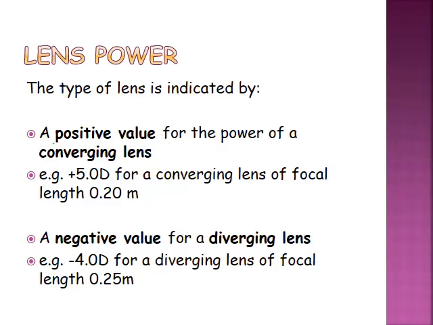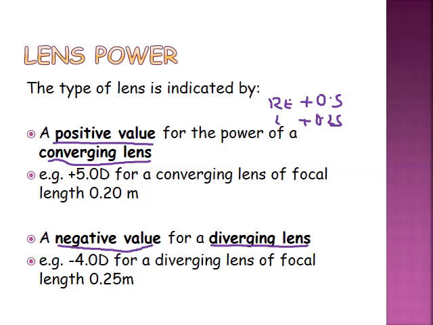And what we get is a positive value for the power of a convergent lens, and a negative value for a divergent lens. So if you've ever been to the opticians and been given one of those cards that might say something like plus 0.5, plus 0.25, and it might say right eye, left eye, that would be the type of lens you would need to correct your eye.